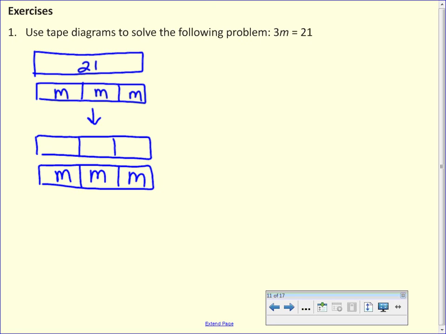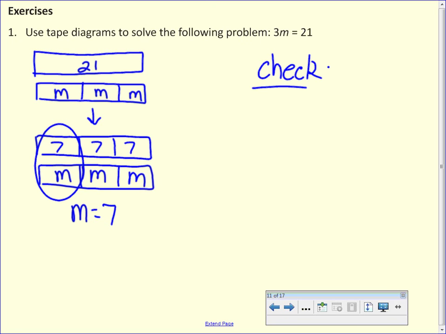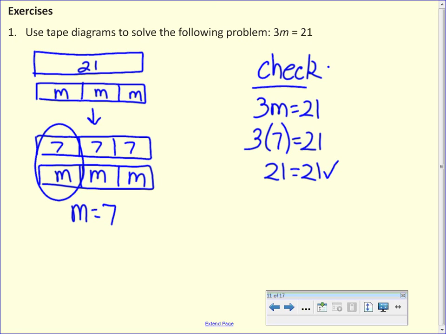What would the value of each one be? 7. So I could see that m equals 7. Now I know that I have to check it. So I write my original equation, 3m equals 21. Replace m with 7. 21 equals 21, so that makes that statement true. Questions on that?